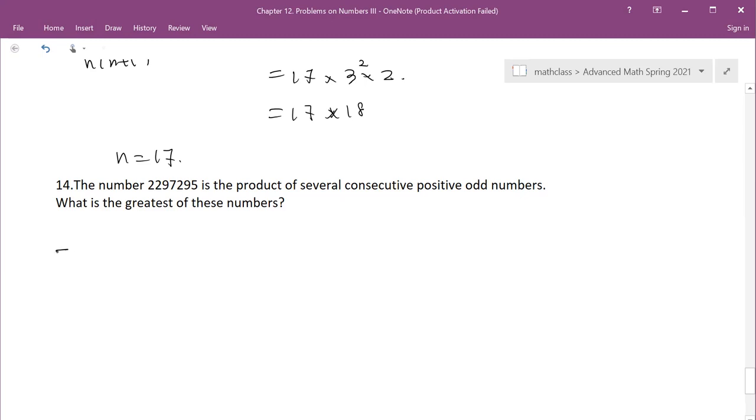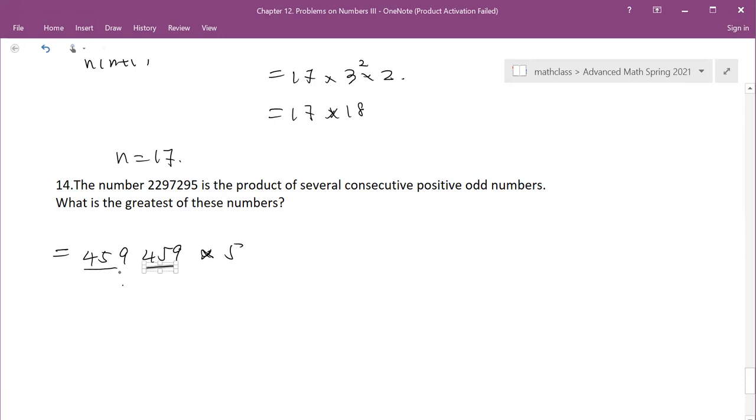Here's what we do. First of all, you divide this by 5, because this number is clearly divisible by 5. And you can use a calculator to divide it by 5. It's 459,459 times 5. Maybe you can shorten this.